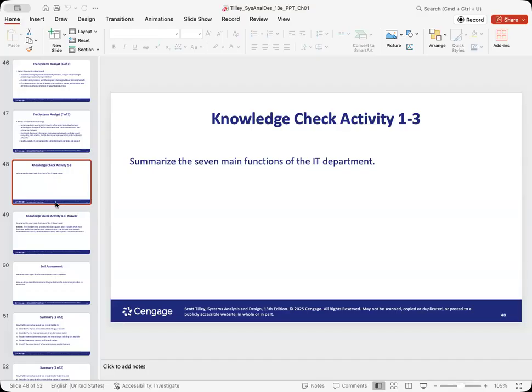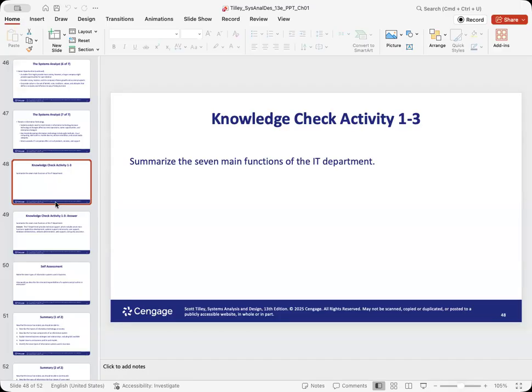Magdalene, go back. I'm writing things down. Okay, so I'll come to you. Magdalene is quiet. So what are the 7 main functions of the IT department?